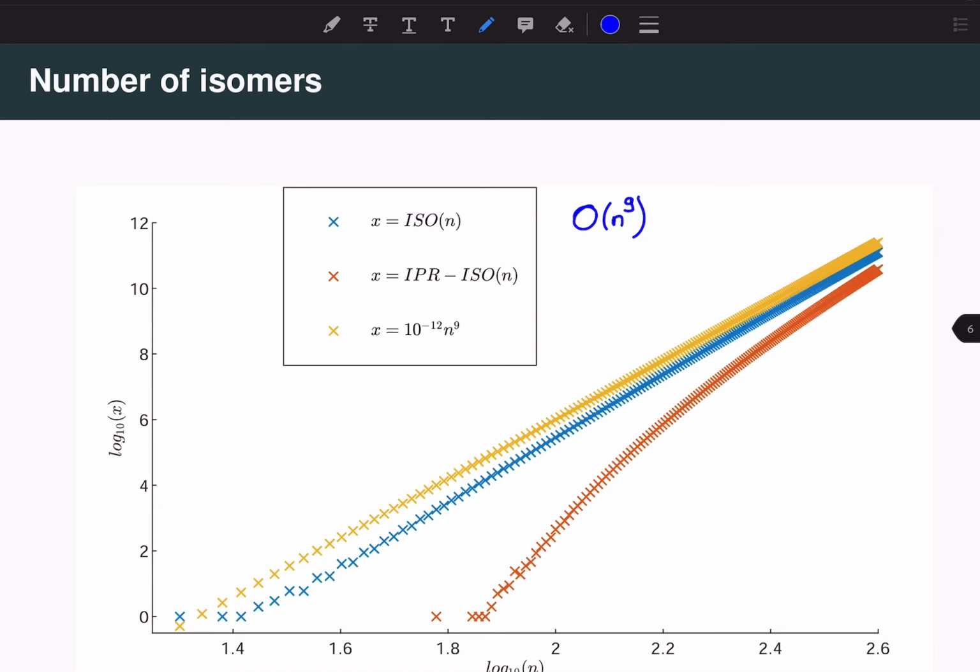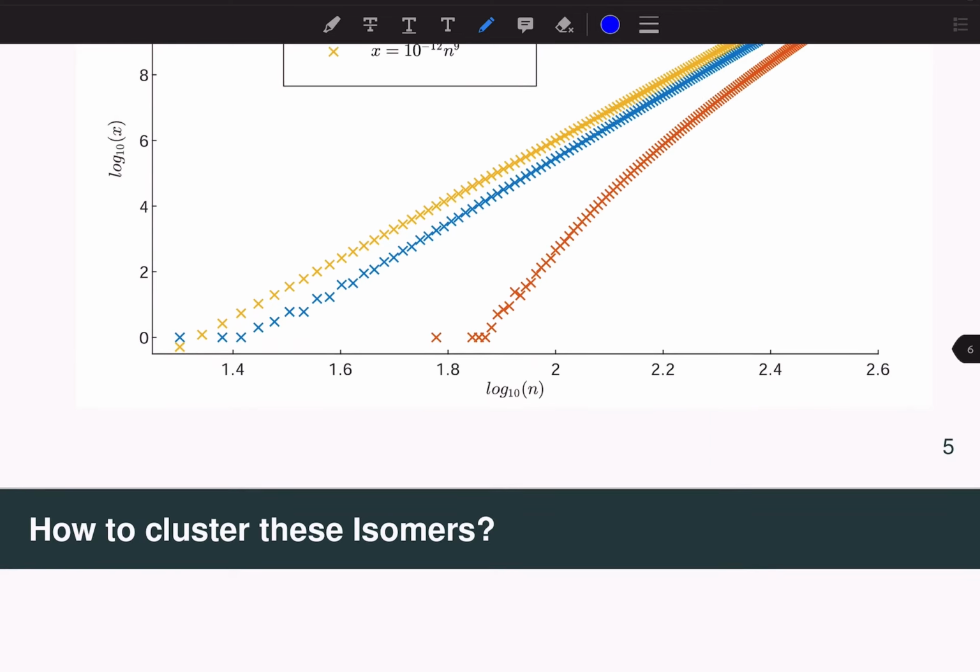It's nice that it's not exponential but polynomial, but still it's growing very fast. For example, for C60 we have already 1812 isomers, and the question is, okay, we have a large amount of fullerenes, how to cluster them? Are there some similarities between some of them?